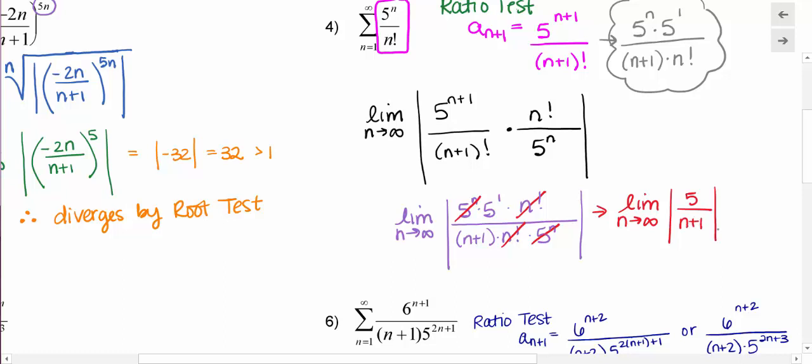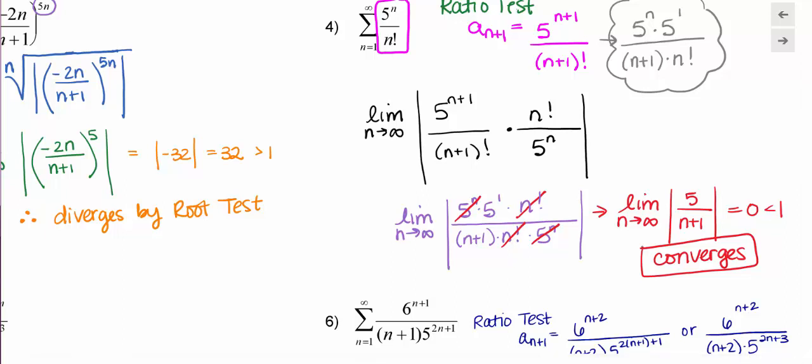That's all that's left. And so if I put infinity in for n, this limit is 0. 0 is definitely less than 1, so I would say this series converges. And you can say it absolutely converges by that ratio test. But there was no alternating condition on here, so that might not make sense in that case, but the positive series does converge.